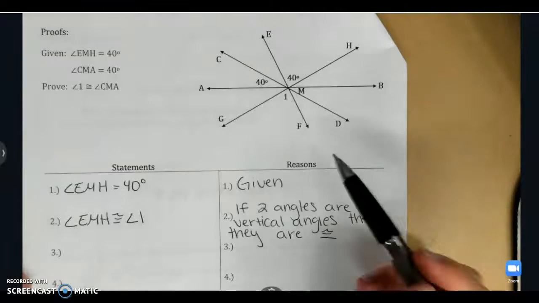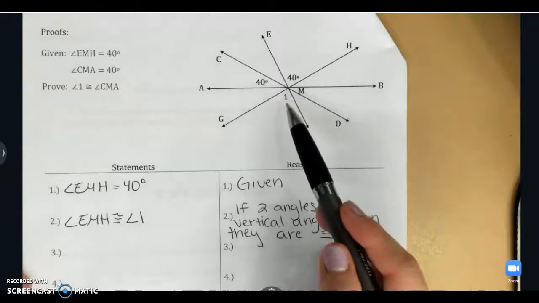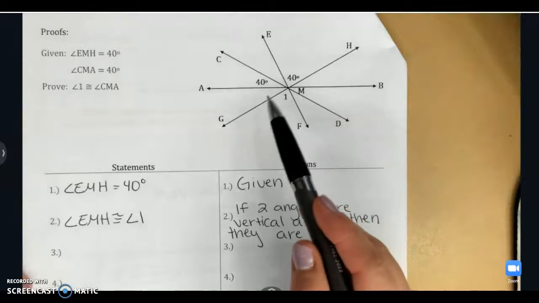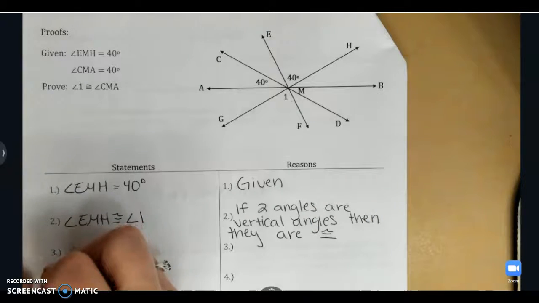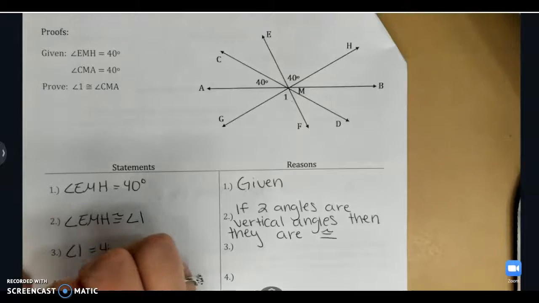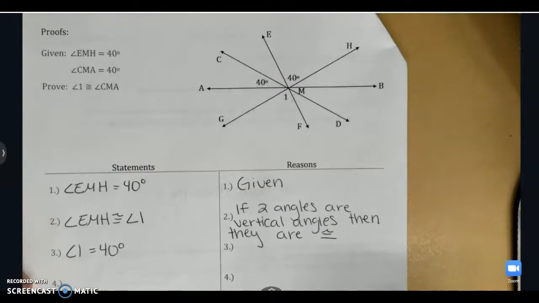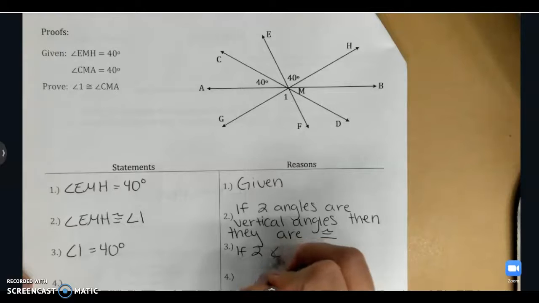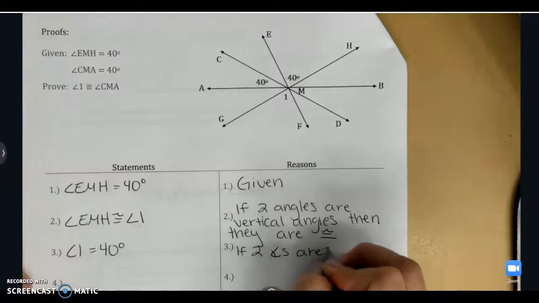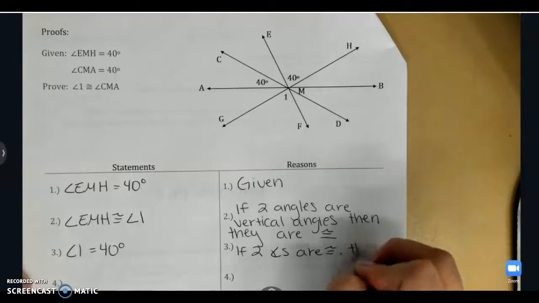Okay, so these two angles are congruent, so I know that the measure of angle 1 is going to be 40 degrees. And why is that? Because if two angles are congruent, then they have the same measure.